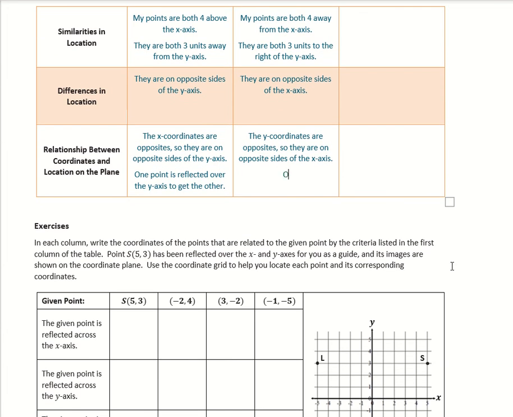So we can say one point is reflected over the x-axis to get the other.